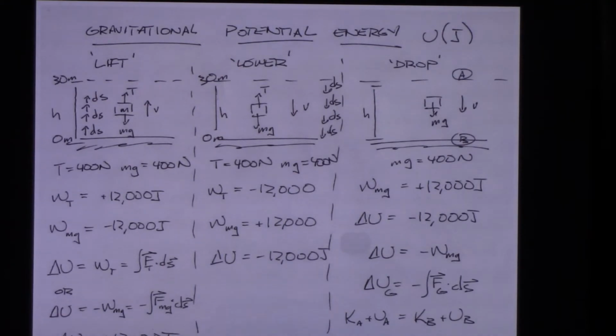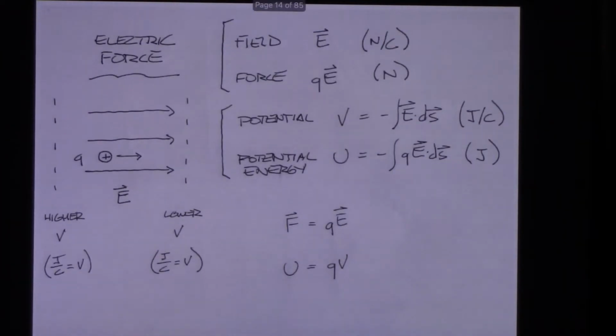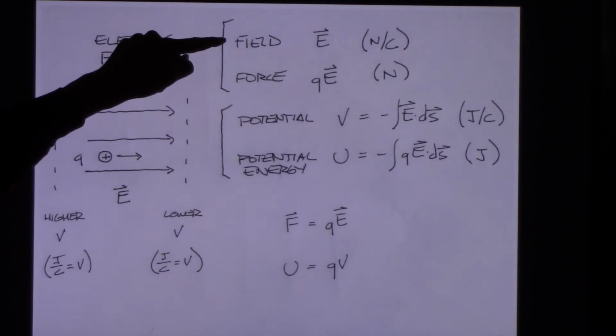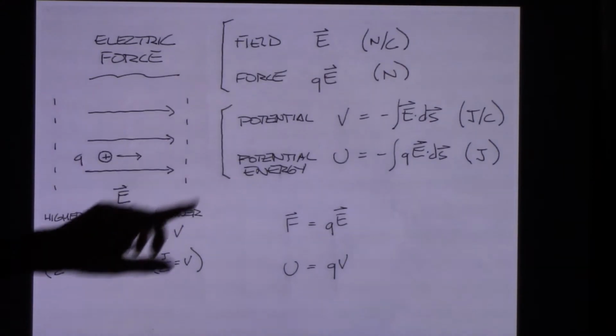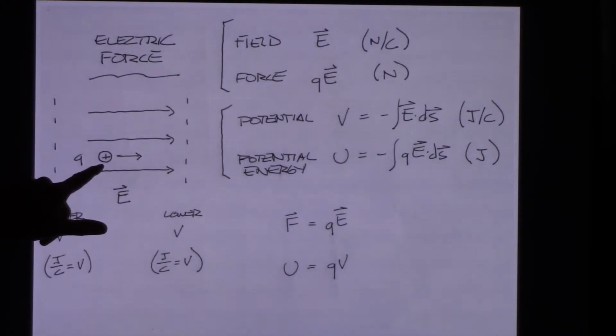Now, what we want to do is take everything we've said here and on these last couple of slides and replace it with the electric force and the electric field and with charges. So everything we've said here works the very same way with the electric force. So there's a field, which is the electric field. There's a force acting on charges that enter the field.